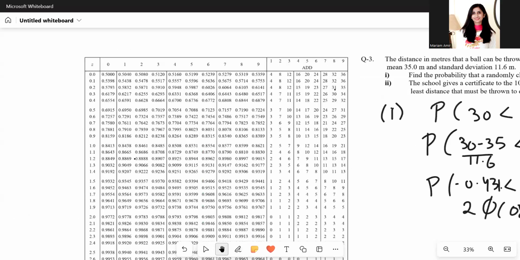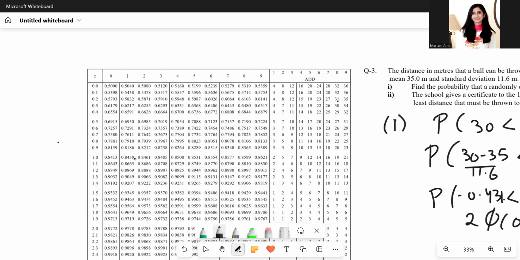Okay. So 0.4 is here, 3 is here, so this is the probability, and 1 is here, so we add this. So we'll do 0.6664 plus 0.0004, which gives us 0.6668.